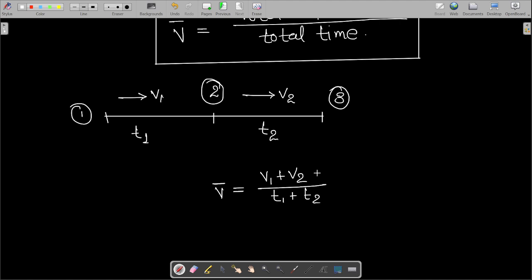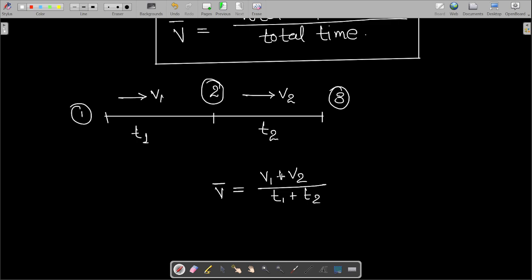And the disclaimer here is that you will have to be conscious about the direction of v1 and v2, because velocity is a vector quantity. So you must remember and consciously show the direction of the two velocities.